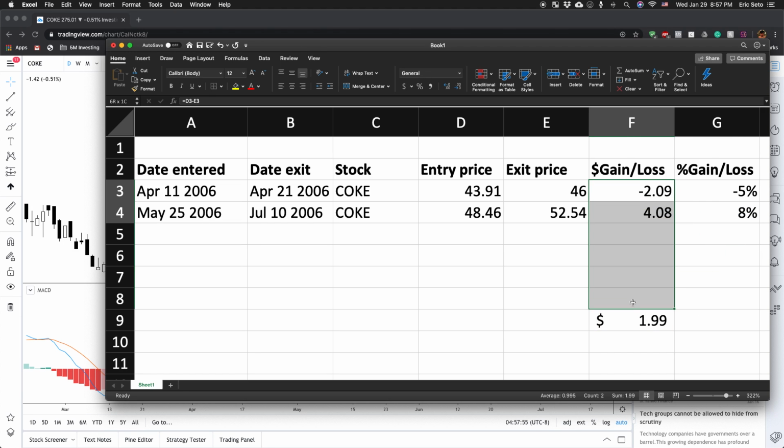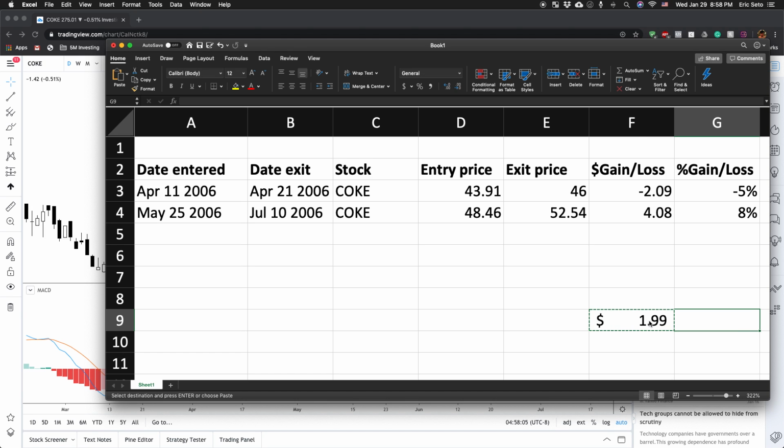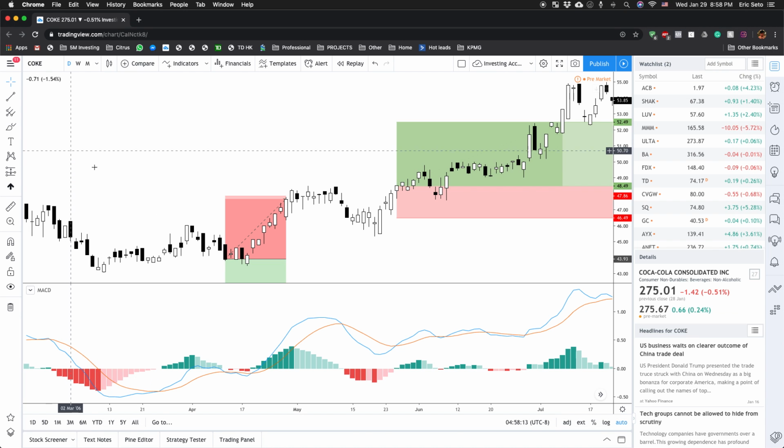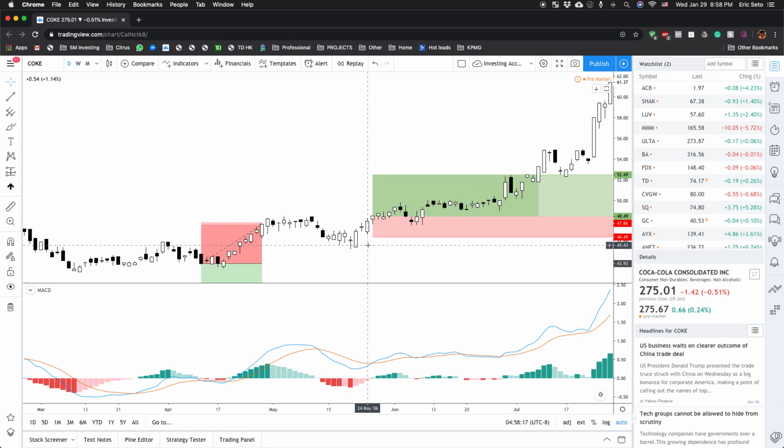You can sum up your gain to figure out your total gain, and then you repeat this. Right now, if I'm investing the same amount, assuming my position size doesn't change, which it will because your balance fluctuates, you can see that I'm positive 4% for the year. Afterwards, we're going to keep going and look for the next opportunity.